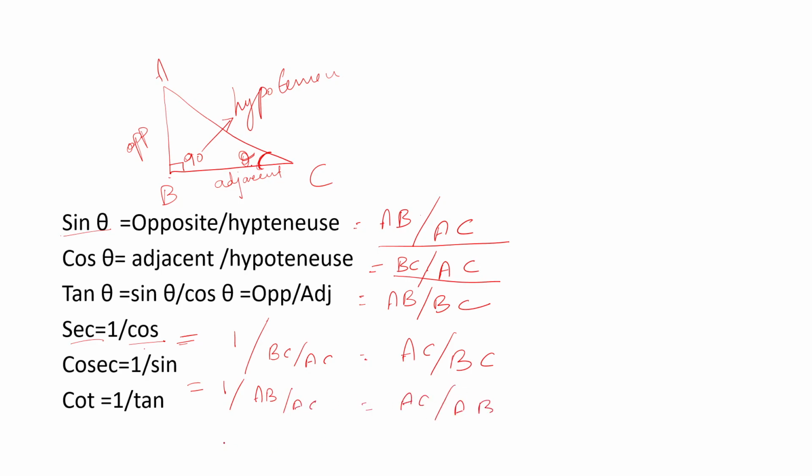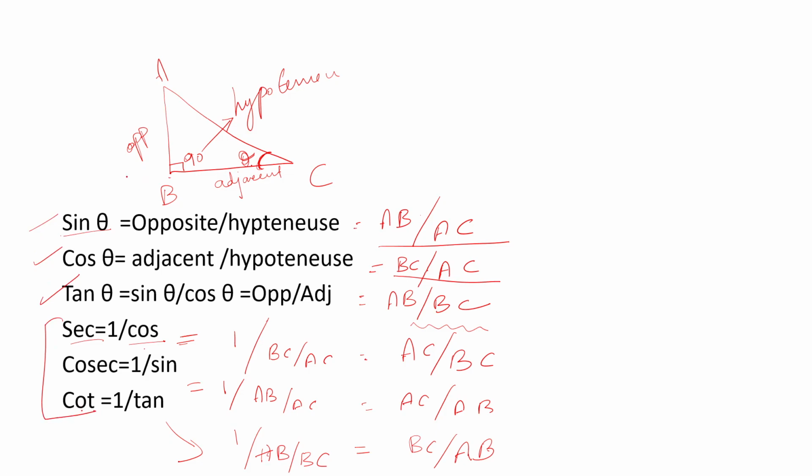Then cot theta is 1 by tan theta, 1 by AB by BC, which becomes BC by AB. These are the trigonometric ratios. In this chapter we mostly use only these three trigonometric ratios. The others I have given here for your information.